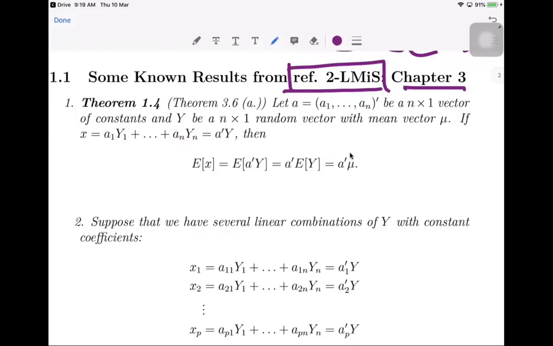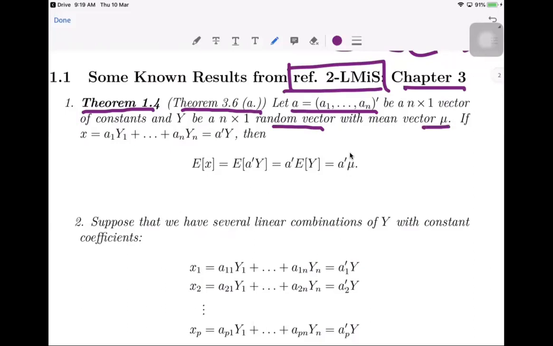Okay, in these lecture notes this is theorem 1.4, but in Rencher this is theorem 3.6a. Let a be an n by 1 vector of constants, and y an n by 1 random vector with mean vector mu.